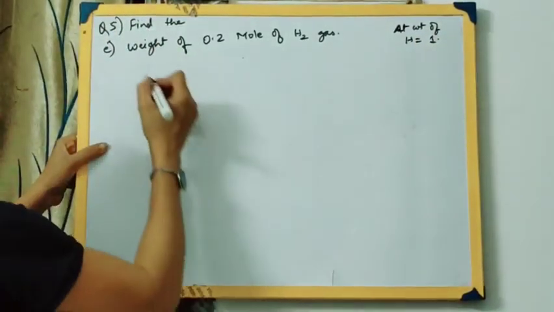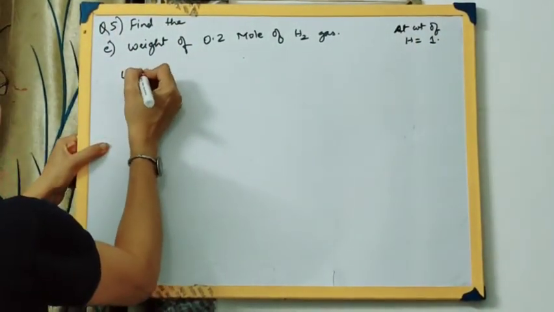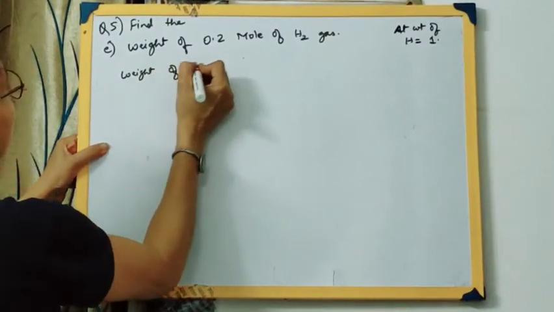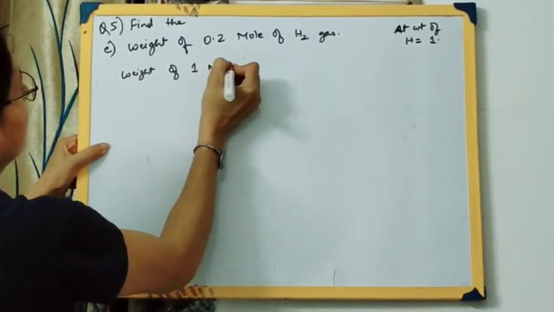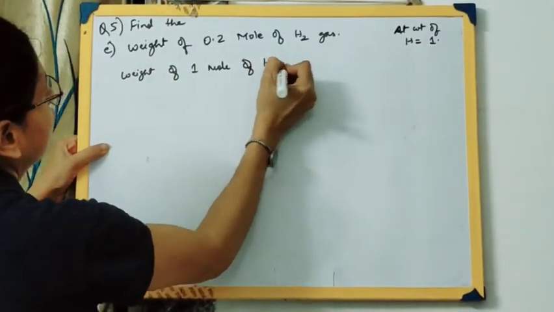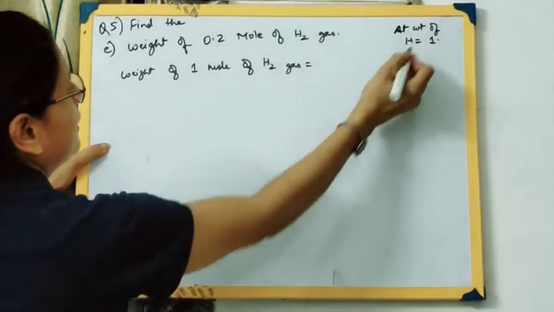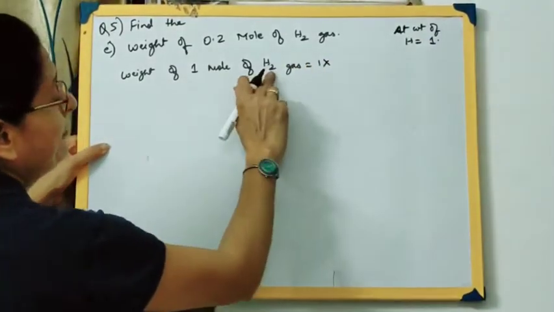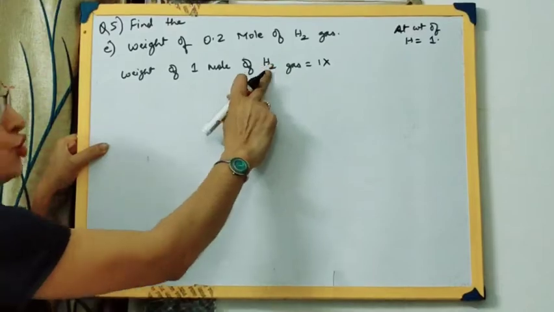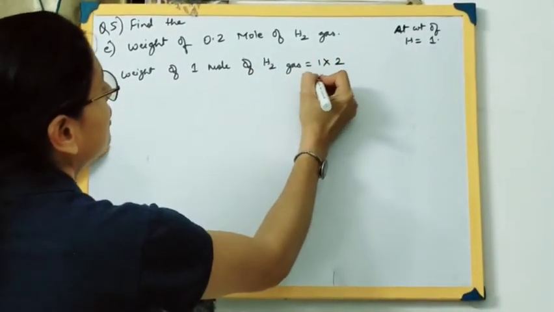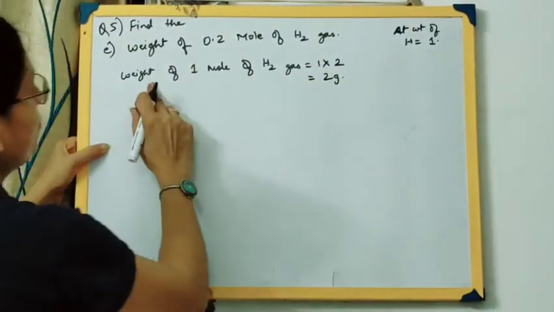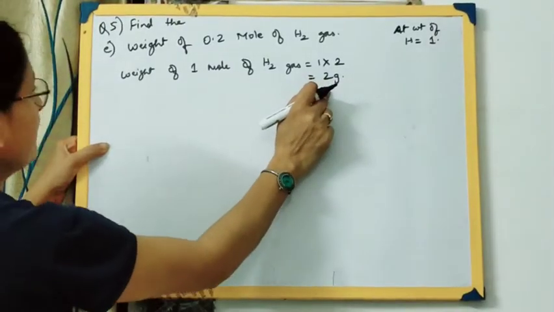So the weight of 1 mole of hydrogen gas is 1 into 2, because there is a 2 over here, H2. So 1 into 2 is equal to 2 grams. The weight of 1 mole of hydrogen is equal to 2 grams.